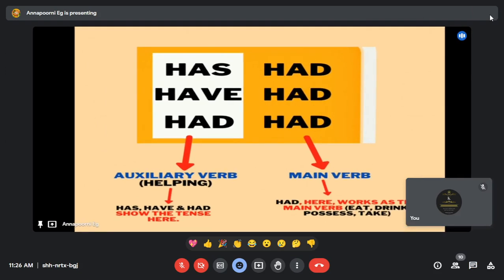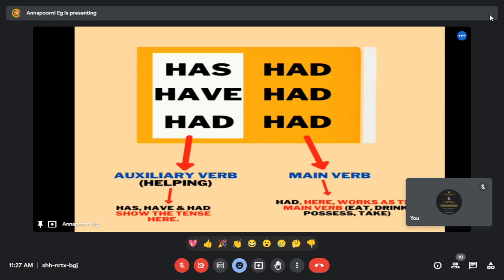But at some places, has, have and had will become the main verb. It will take the form of a main verb. In some films we see the god will take the form of an old man. Lord Shiva will appear on earth, and he will disguise himself like a beggar.